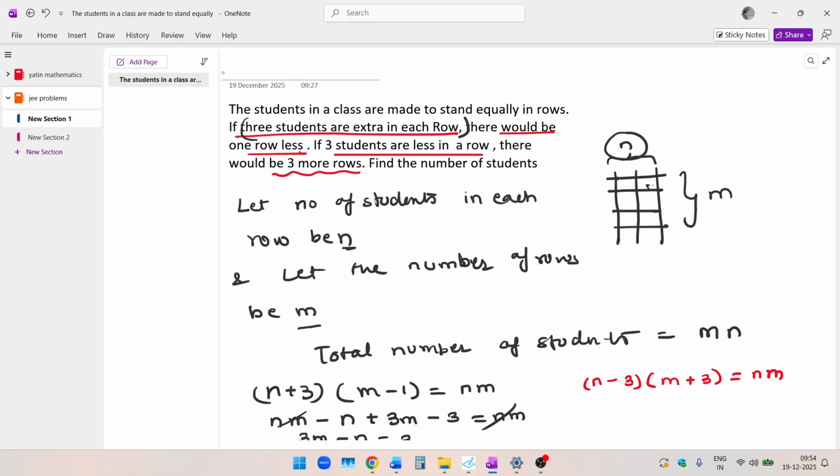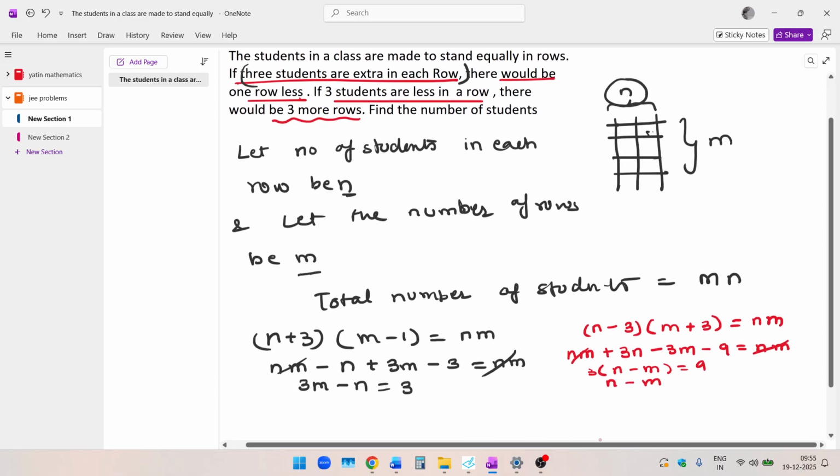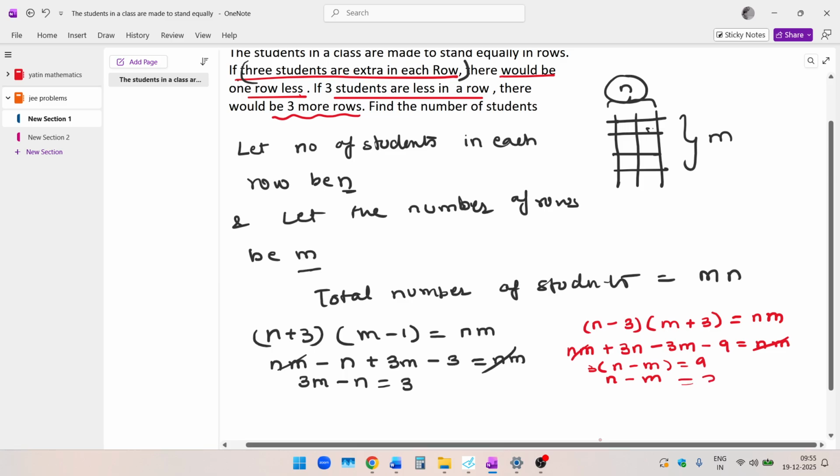If you solve this, you will get nm plus 3n minus 3m minus 9 is equal to nm. Cancel out nm from both sides, and you will get 3 times n minus m is equal to 9, which means n minus m is equal to 3. So these are linear equations. Solve these linear equations.